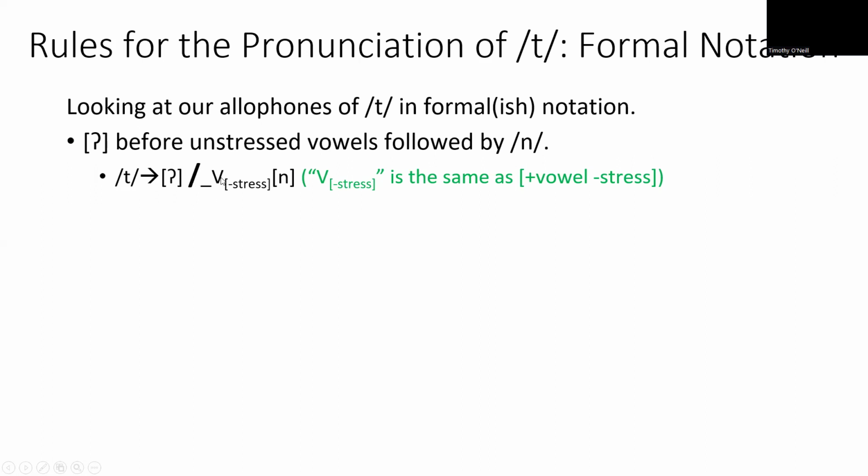The underscore is before this vowel, so it's before, and then in standard abbreviation, we can use a capital V, and then an N. You could also have said plus vowel minus stress to describe it entirely by its features, but it is common to use capital V for vowels, capital C for consonants, capital N for nasals, capital L for liquids.